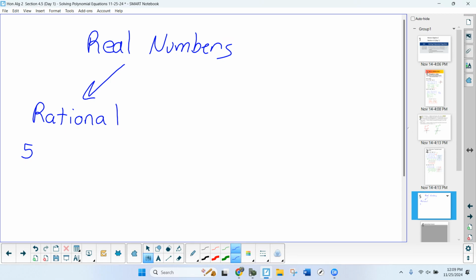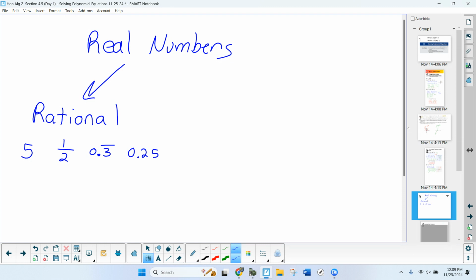How do you write 5 as a fraction? 5 over 1. 1/2. That can be written as a fraction. 0.3 repeating. Any repeating decimal. What's 0.3 repeating? 1/3. Any decimal that terminates. 0.25. What would that be? 1/4.